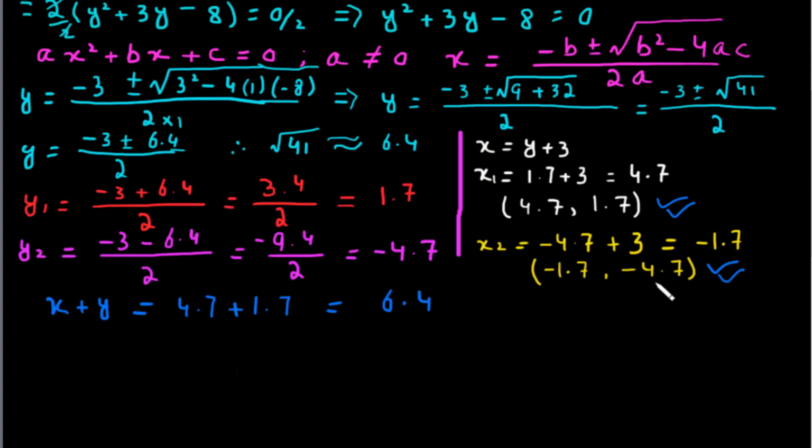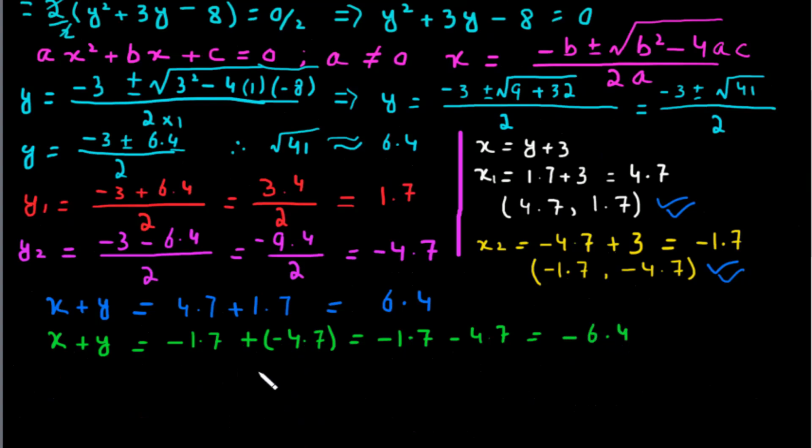And now for this pair, x plus y, where x has a value of minus 1.7 plus minus 4.7, will be equal to minus 1.7, and now this minus and plus multiply with each other, which results in minus 4.7, and that's equal to minus 6.4. So we came to know that x plus y has two possible values, one is minus 6.4 and the other is plus 6.4. Alright.